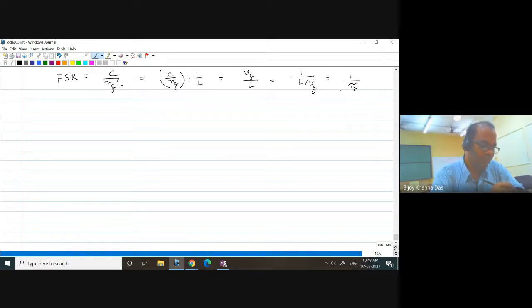So that means FSR, it's interesting, no? FSR, free spectral range, depends on the inverse of round trip travel time of any signal inside the ring. So if you know FSR, somehow you have your device fabricated and you know what the FSR is, then you know if I inject my signal, how much time it will take for one round trip.